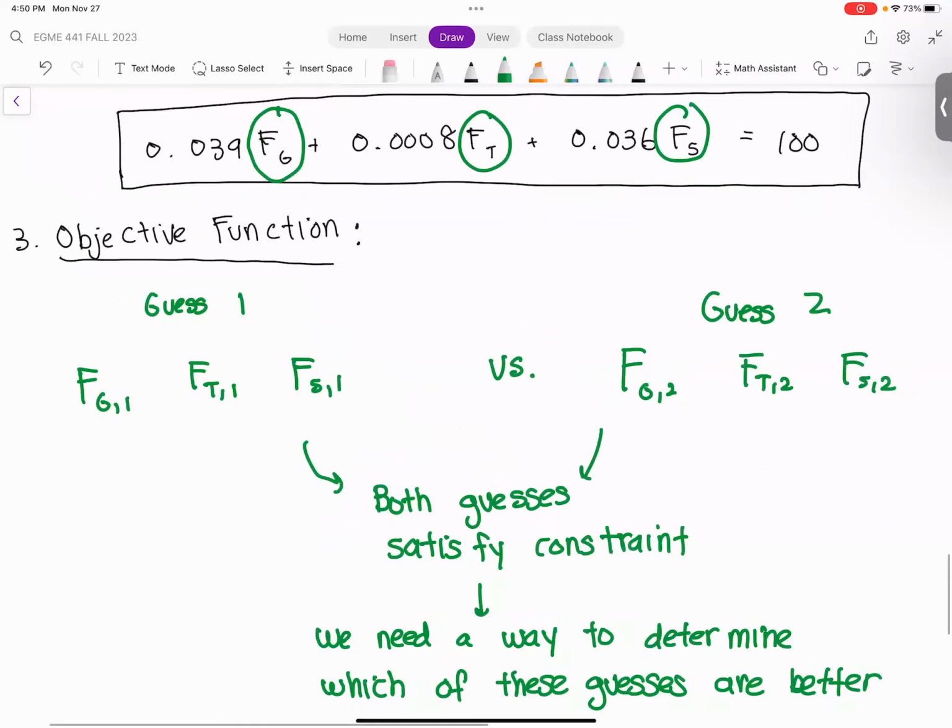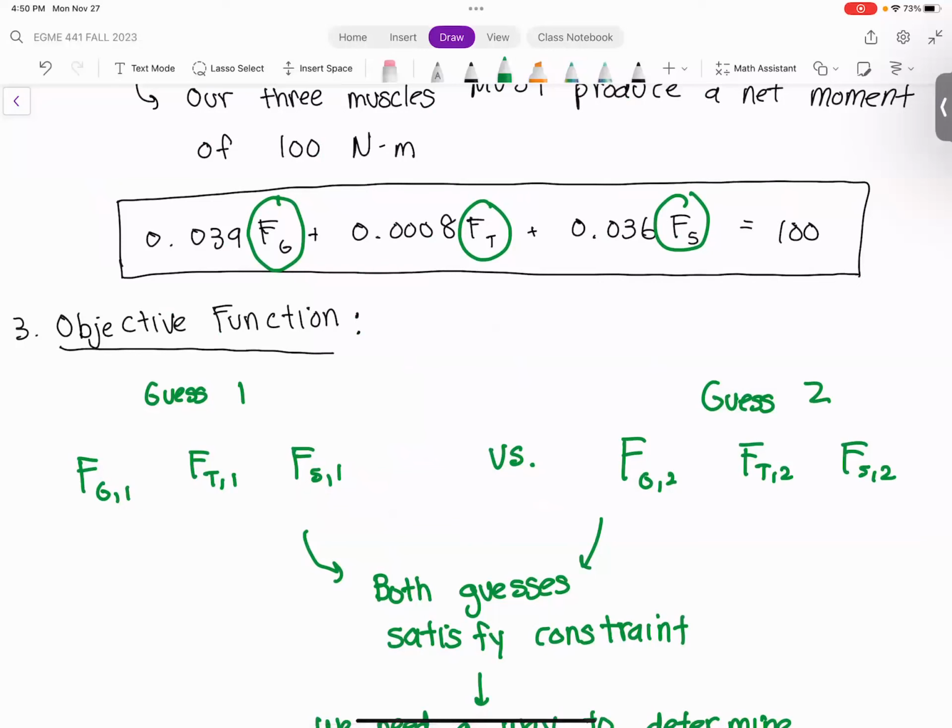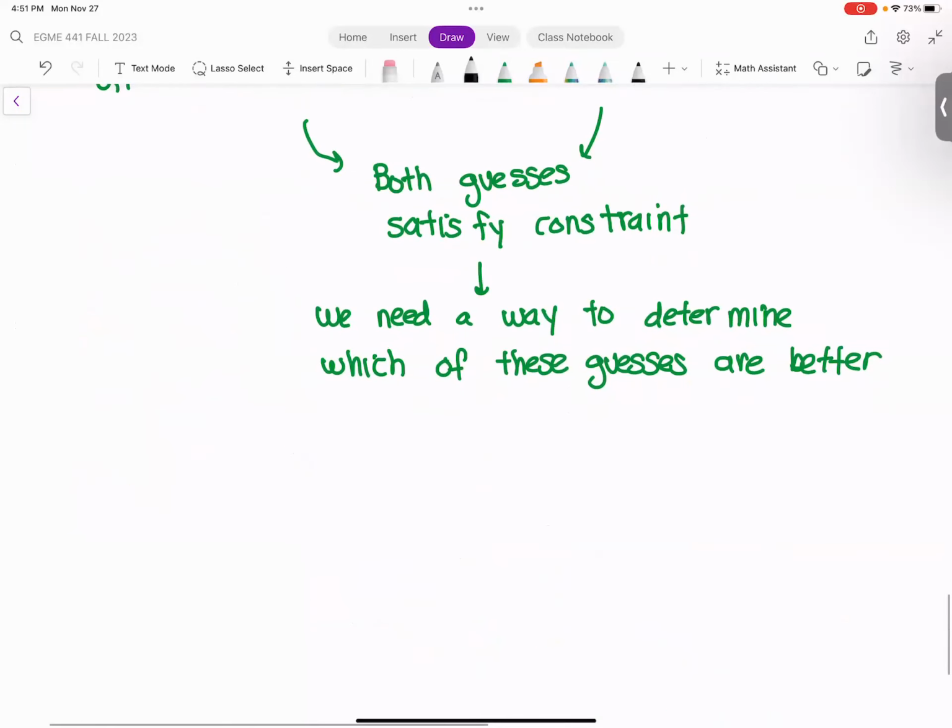And so when you have three unknowns here, FG, FT, FS, and we only have one equation here that constrains their values, we have an infinite amount of combinations of FG, FT, and FS that satisfy this criteria here. Okay, but some of those guesses out of the infinity are going to be better than the others. Right? So the objective function gives us a way to determine that. Okay.